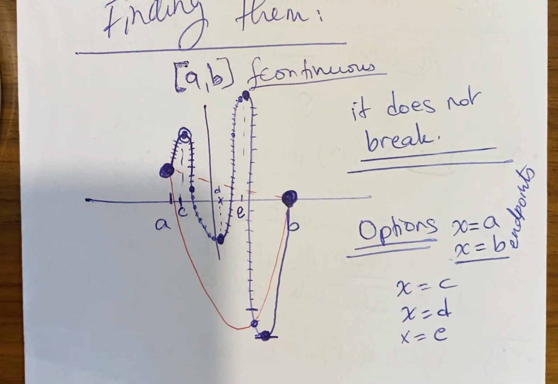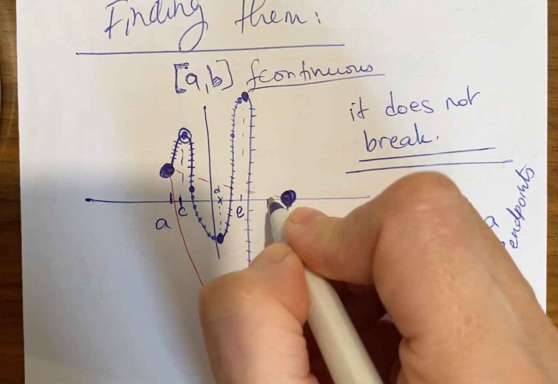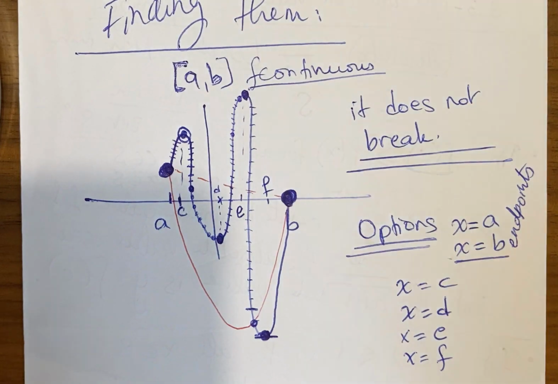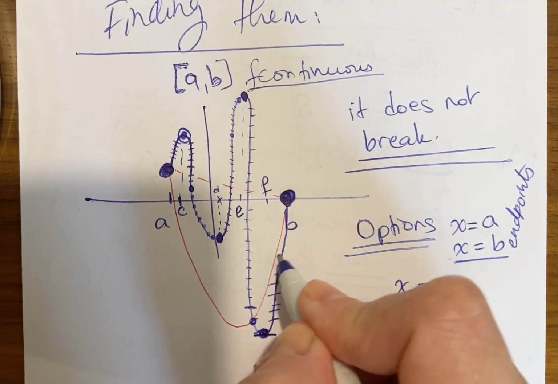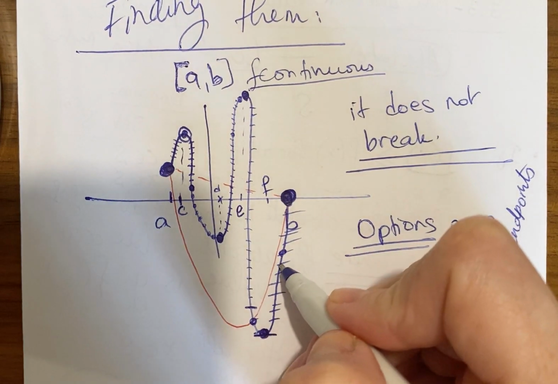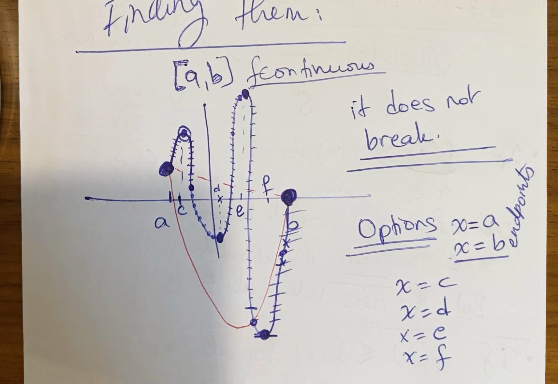So maybe if we zoom out, it will be the smallest in the whole function. So I call it an option. What else is an option? Nothing else. All these are not options, because if you choose any of them, the neighbor here is below it and the neighbor here is above it. So it cannot be a max, and it cannot be a min.